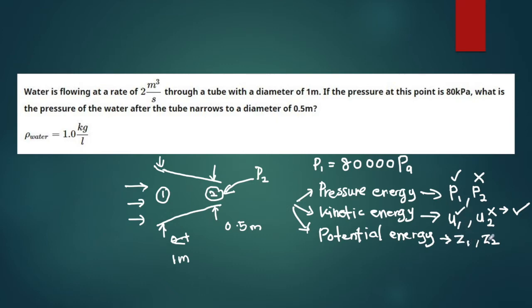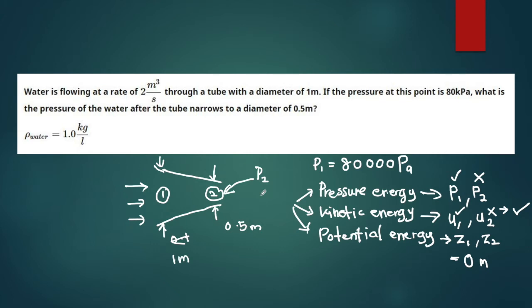So Z1 and Z2 can be removed, because they have the same magnitude. When we rearrange the equation, Z2 minus Z1 will be 0, so we can cancel out these two values. Now we only have one unknown, which is P2. Therefore, we can solve this question.